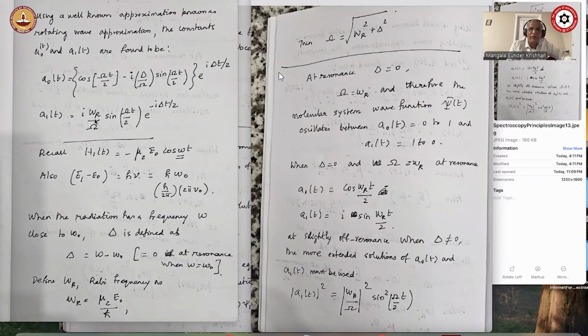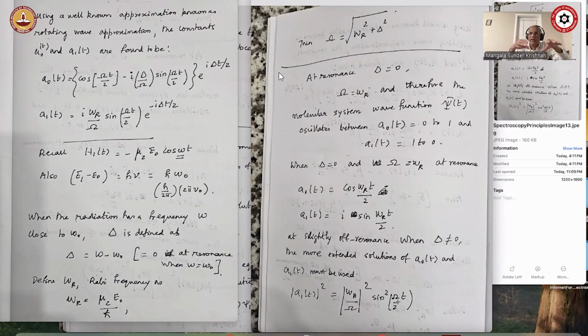What you will be left with is omega r by omega whole square, which is this square. So A1(t) square, that is the probability that the system is in the excited state, is sine square.